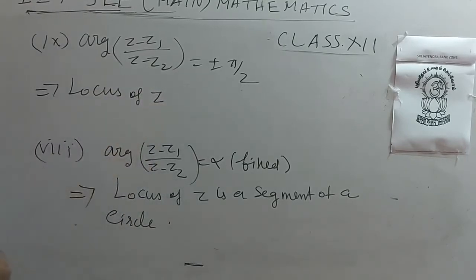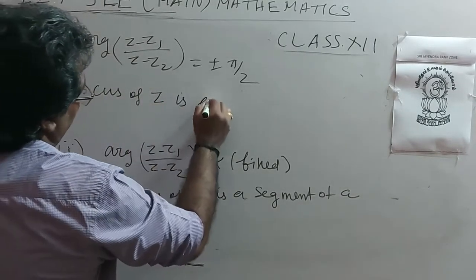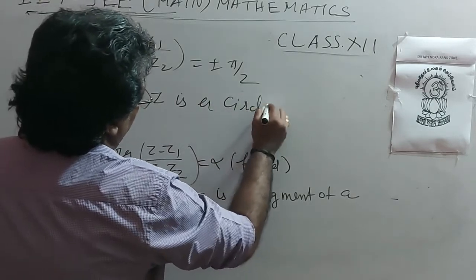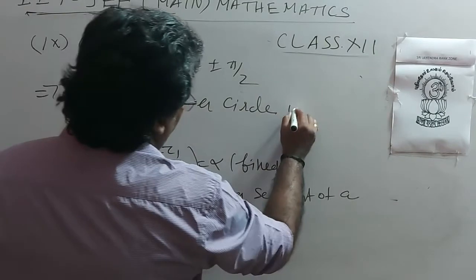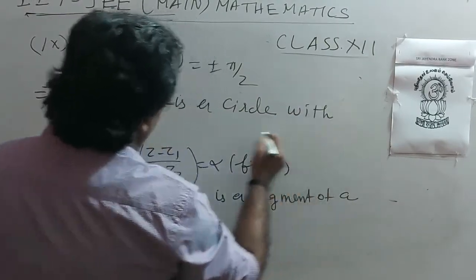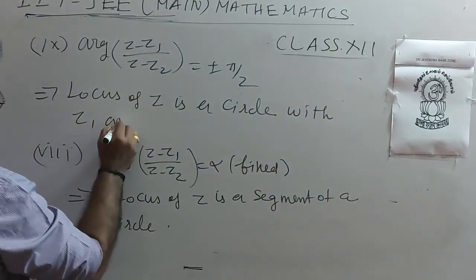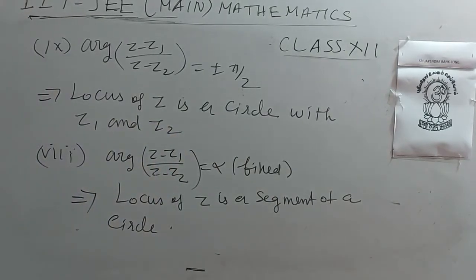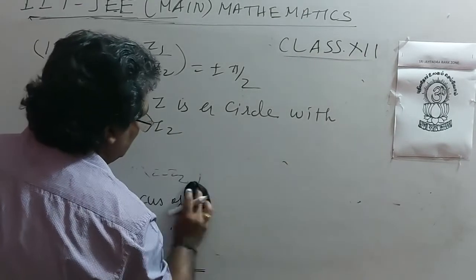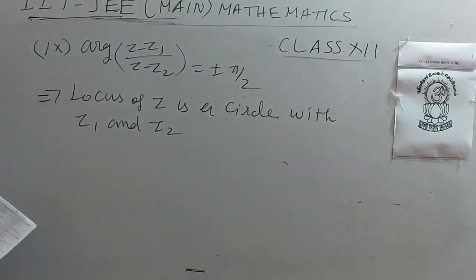Locus of z is a circle with z1 and z2 as the vertices of diameter.